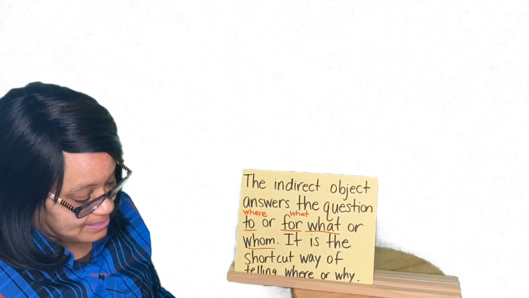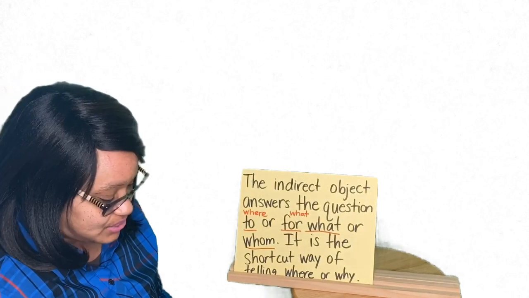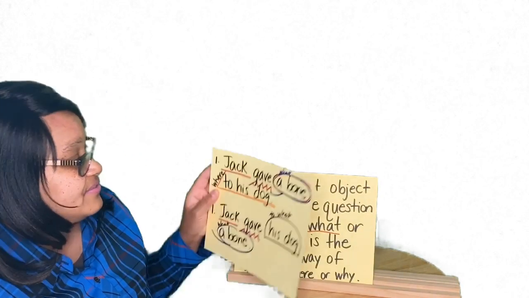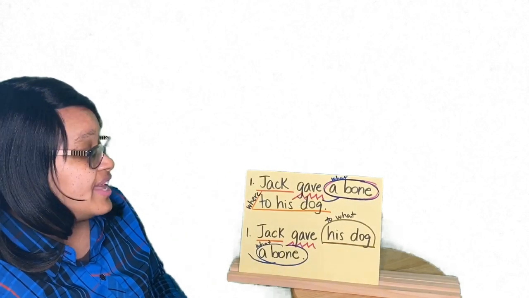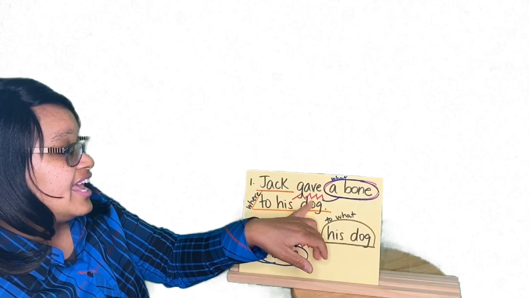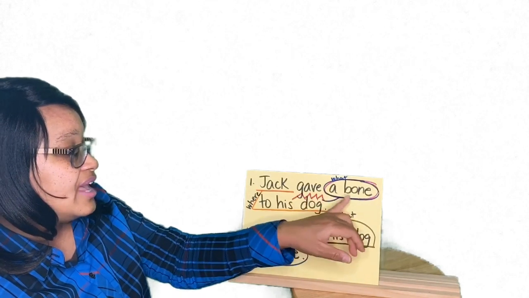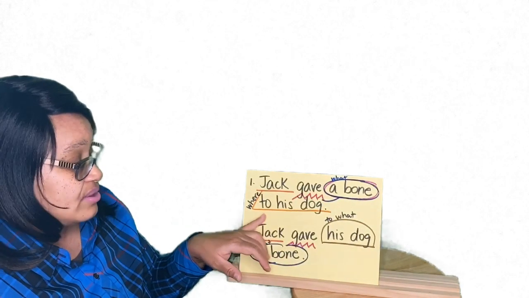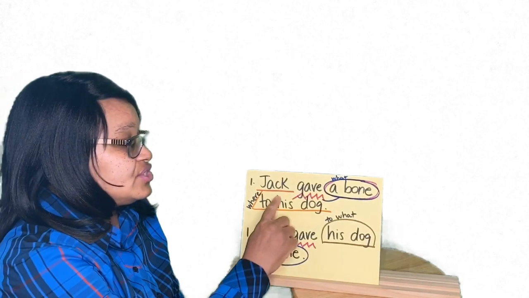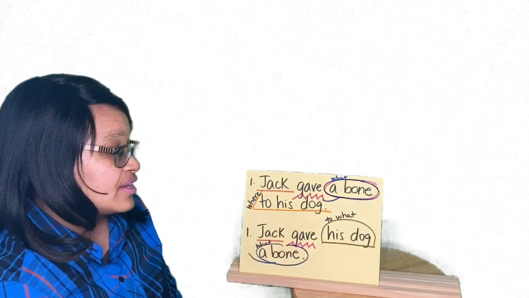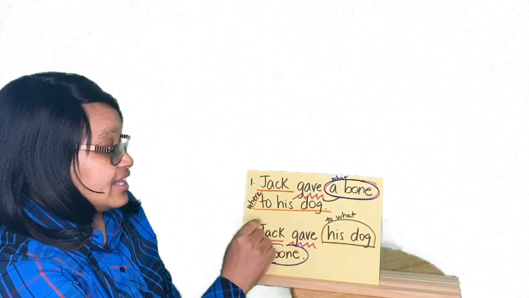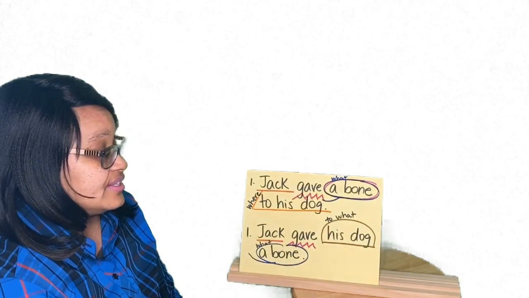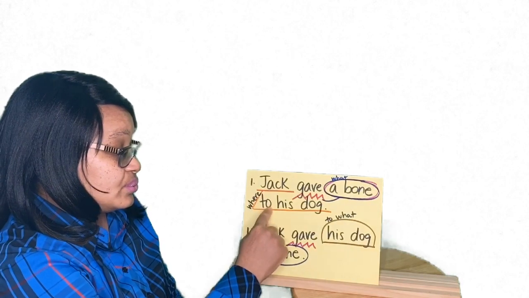So it may not be clear right now, but let's do a deeper dive. Here we have Jack gave what? A bone, where? To his dog. So Jack gave a bone to his dog. I can move the where to answer the question to.